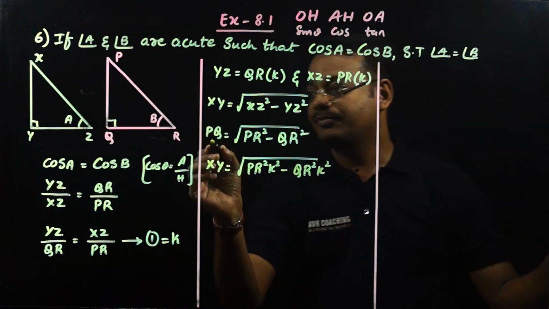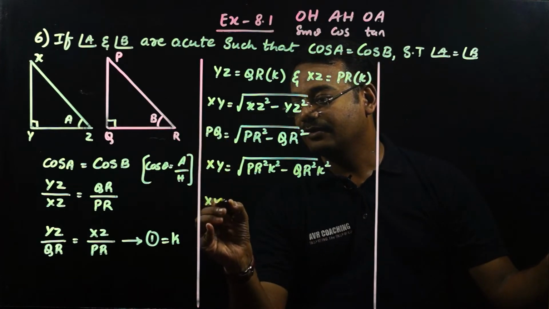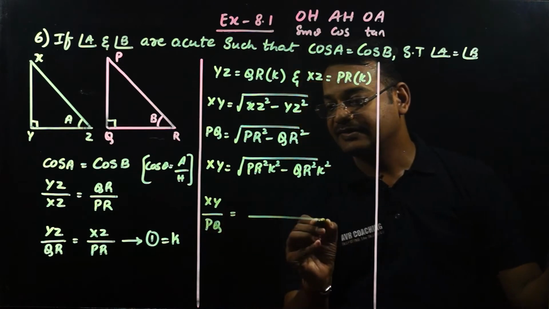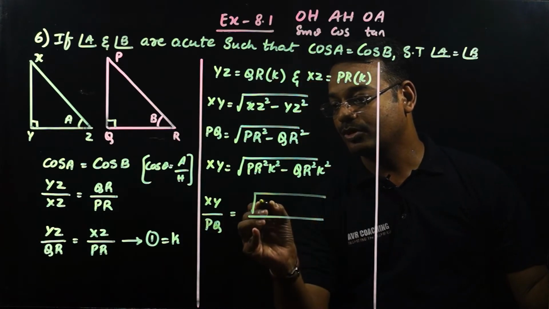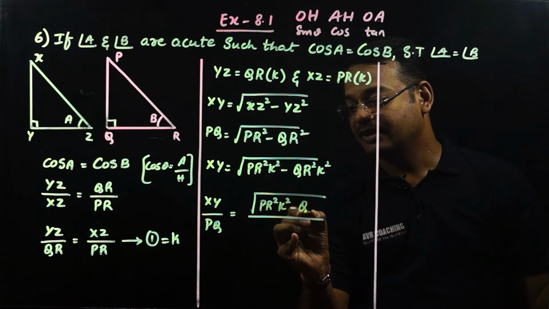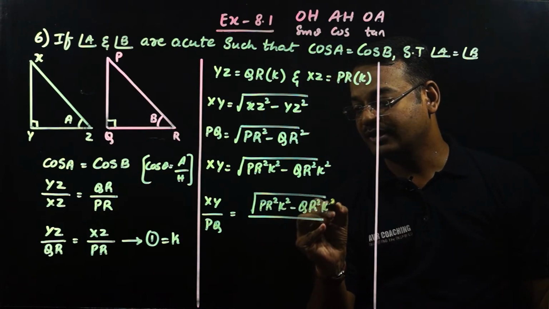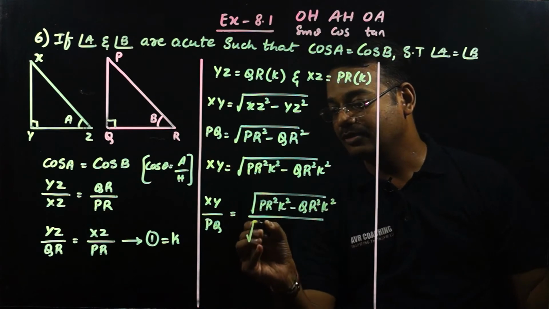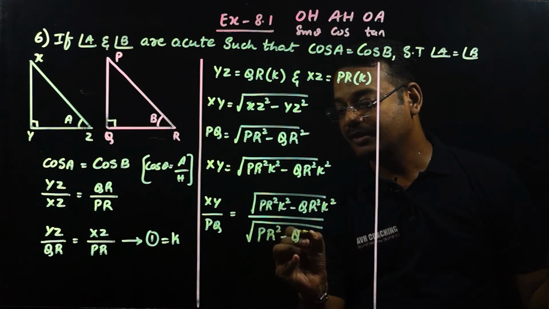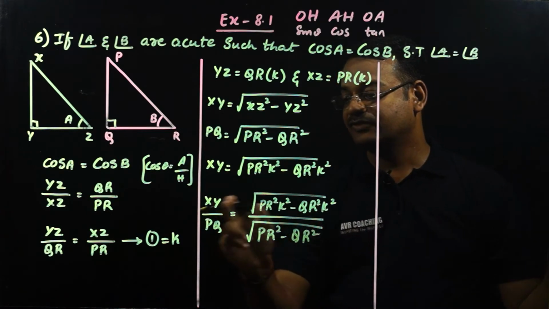Now if we take XY by PQ, XY will be equal to root of PR square into K square minus QR square into K square, divided by PQ. PQ will be root of PR square minus QR square.